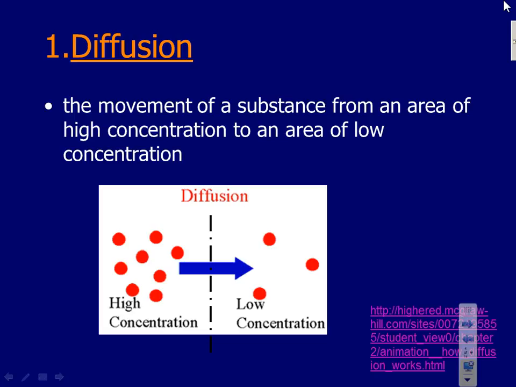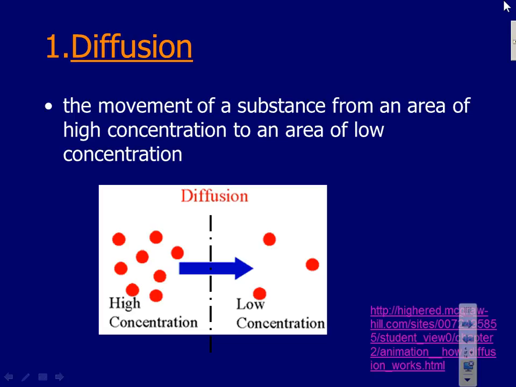If it was something like carbon dioxide that's being produced inside the cell, there'd be lots of carbon dioxide inside the cell. There would be little carbon dioxide on the outside, and it would diffuse out. So as the oxygen is diffusing in, because it's going from high to low, the carbon dioxide will diffuse out, because it's going from high to low. Whenever you've got a high concentration of something, it's always going to spread into low concentration.